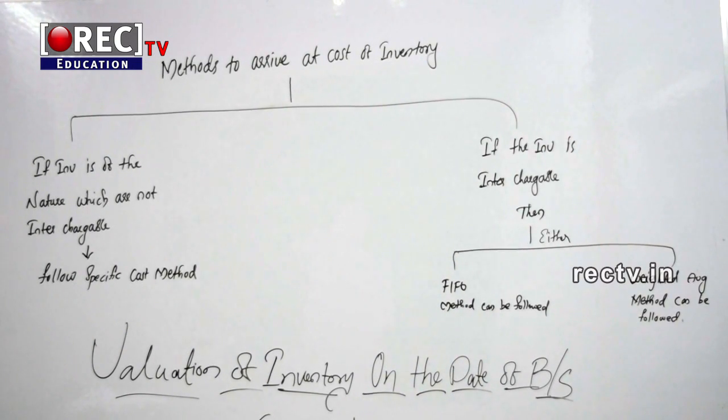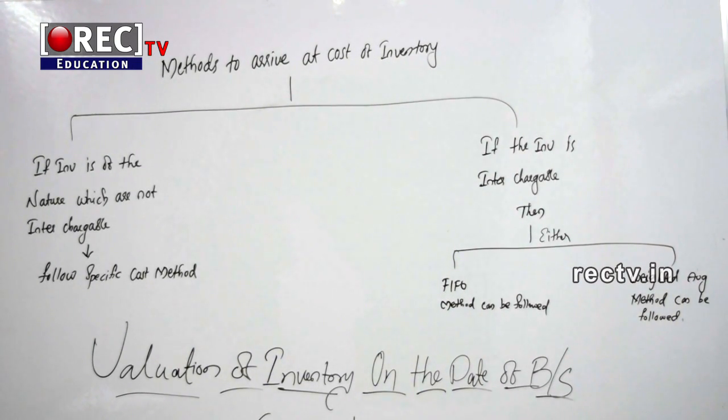Now we are going through the methods to arrive at the cost of inventory. Here we can do two types. If inventory is of the nature which is not interchangeable, then follow the specific cost method. And if the inventory is interchangeable, then either the FIFO method or the weighted average method can be followed. Now why are we not following the LIFO method?